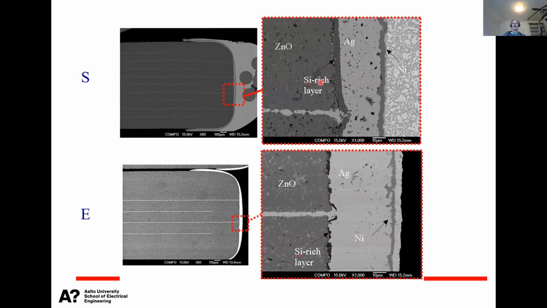Basically, it's a layer which increases the adhesion between this ceramic material and the silver. So you need to apply here something which improves the adhesion. And here it's thicker, here it's thinner. So these kinds of things were differing between these components.